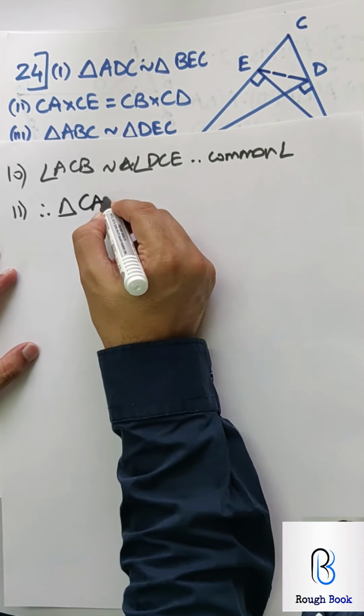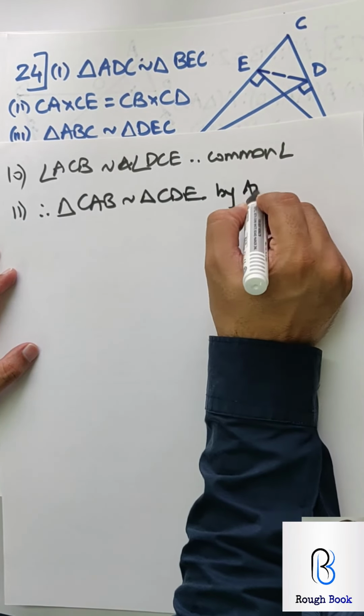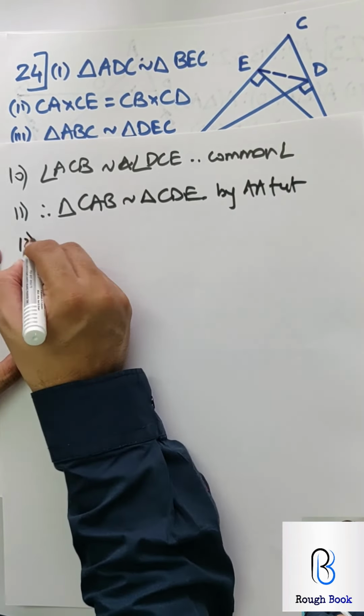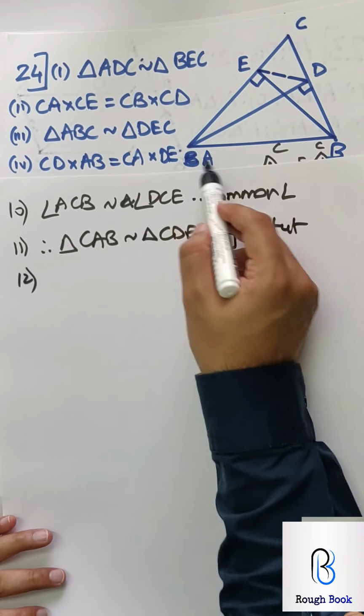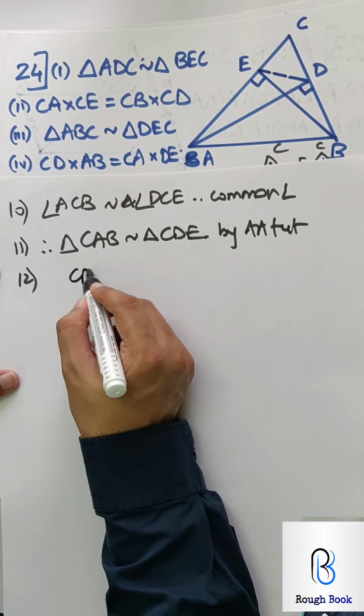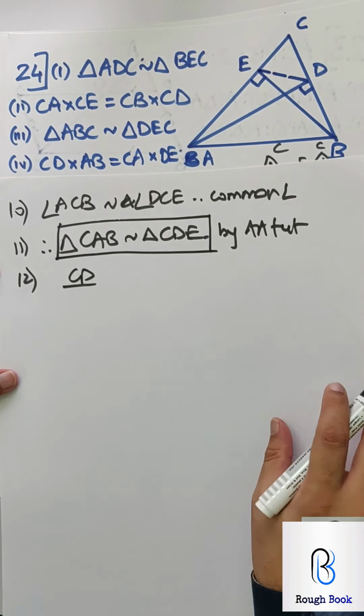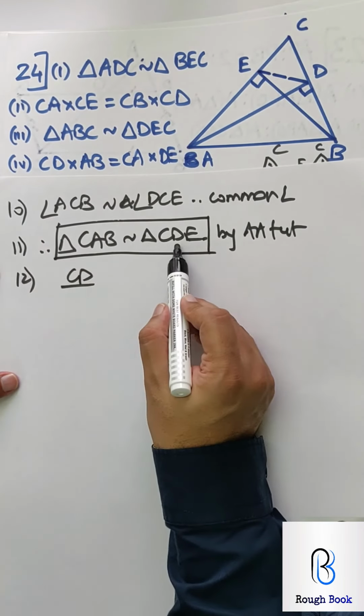So therefore triangle CAB is similar to triangle CDE by AA test. Just let me check if the correspondence is correct. CAB and CDE, perfect. So now CD first, so this is what we needed, so put a box. So it's easily identifiable.